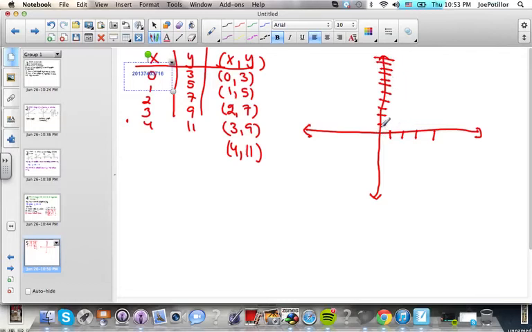We're at (0, 3), (1, 5), (2, 7), (3, 9), and (4, 11). This is not a perfect graph because I can't draw the line straight.